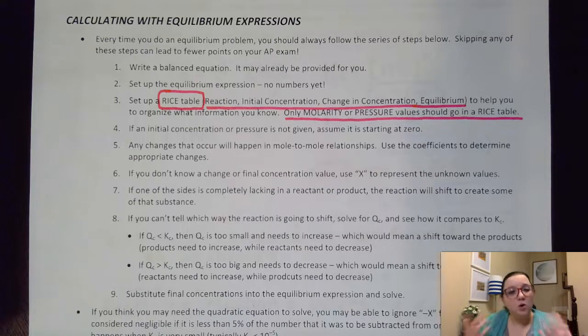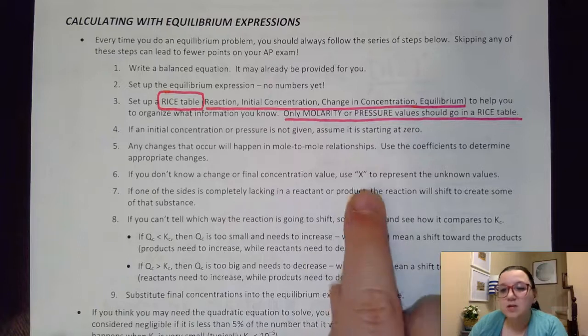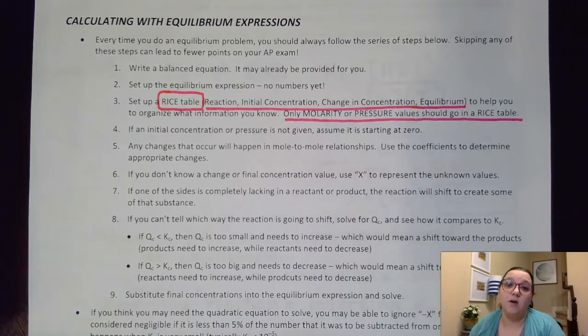If we don't know what a change is, or we don't know what a final concentration might be, then we can use X to represent any kind of unknown values. Now, we will have to be careful because, again, if we are dealing with mole-to-mole ratios, we might have something changing by X and something else changing by 2X. And so we'll need to address that as we set up our table.